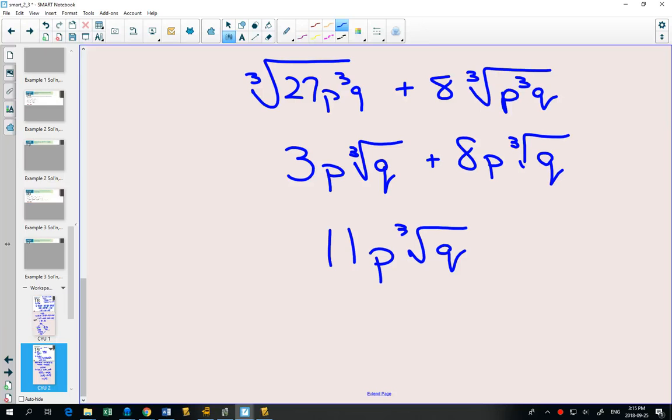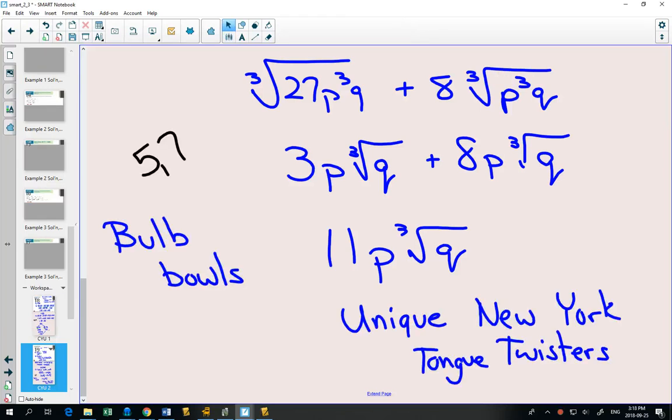That is almost a tongue twister. Oh, we need Spanish yet. Tongue twister in Spanish. Okay.